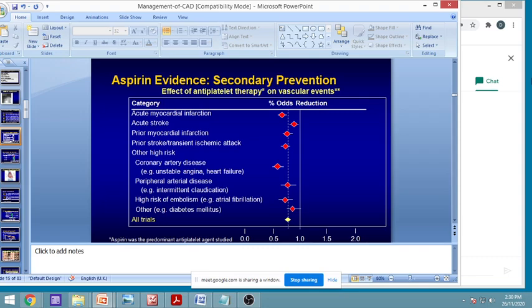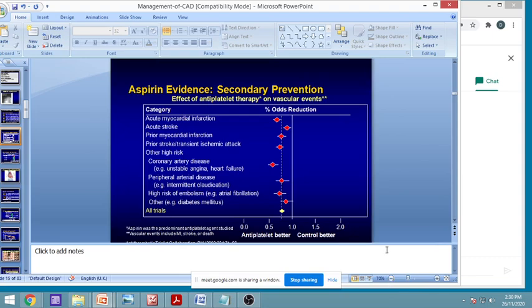So in that we can see, or it can be easily seen, that in myocardial infarction it shows towards the benefit side. Okay, acute stroke, it is not that beneficial. Before myocardial infarction, this is the line of benefit that shows that yes, it shows benefit. Then prior stroke or transient ischemic attack, it is beneficial.